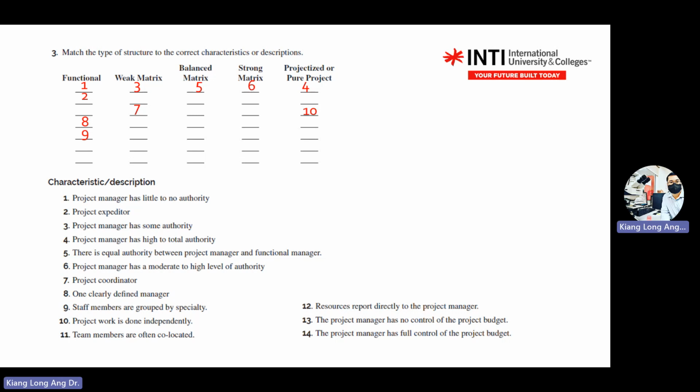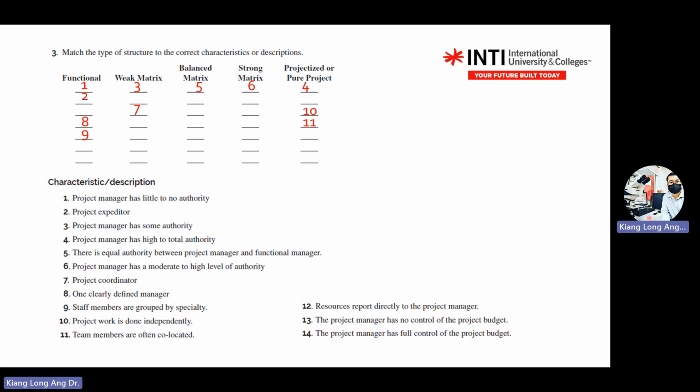Number 11, team members are often co-located. Co-located means they are put in the same office. It's a project, because when it's a project you will set up a PMO, project management office. So it's under pure projects.